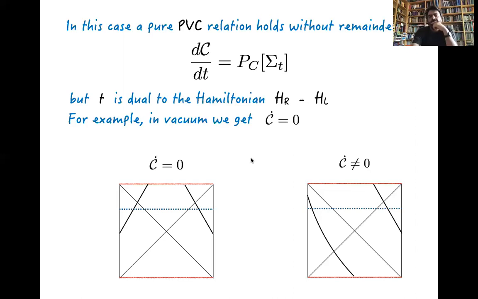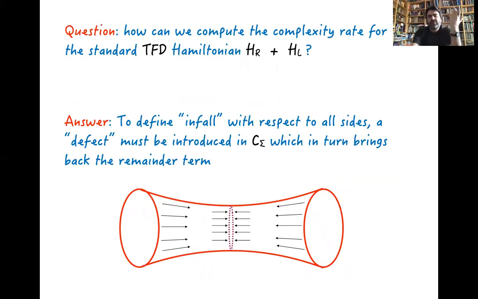Okay. Now, what happens if I want to compute the complexity rate for the standard Hamiltonian, right? Well, for that, the problem is that I need to define infall conditions independently at each boundary. I can do that, okay? There is a conformal Killing vector here that looks like this. There is another there that looks like that, but they are not compatible with each other.